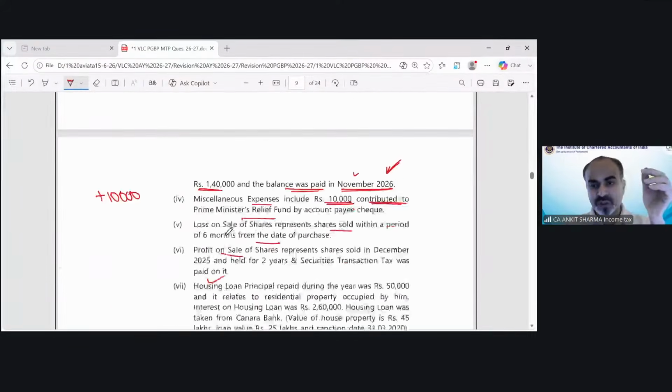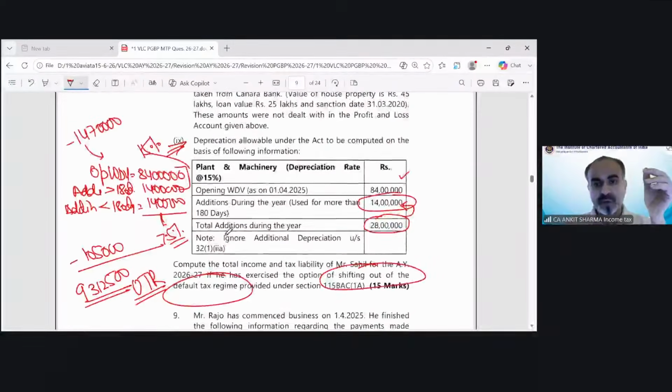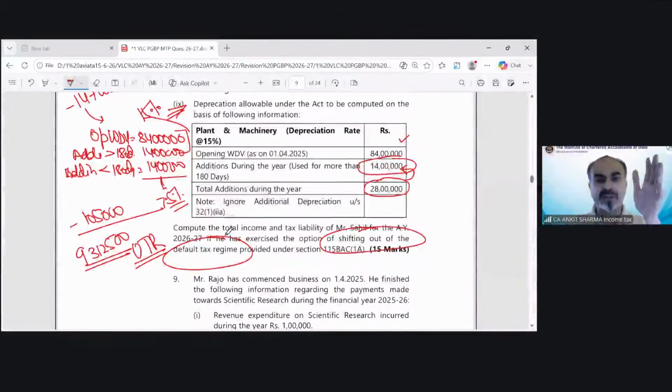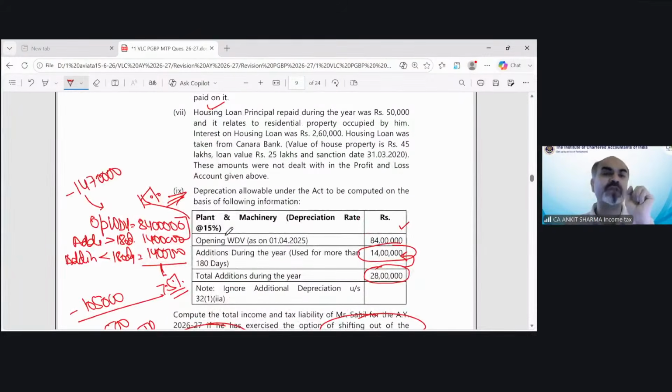Suppose it is a question of 15 marks, in which you are asked to calculate the total income and tax liability, then almost 8, 9 or 10 marks are actually for PGBP provisions.